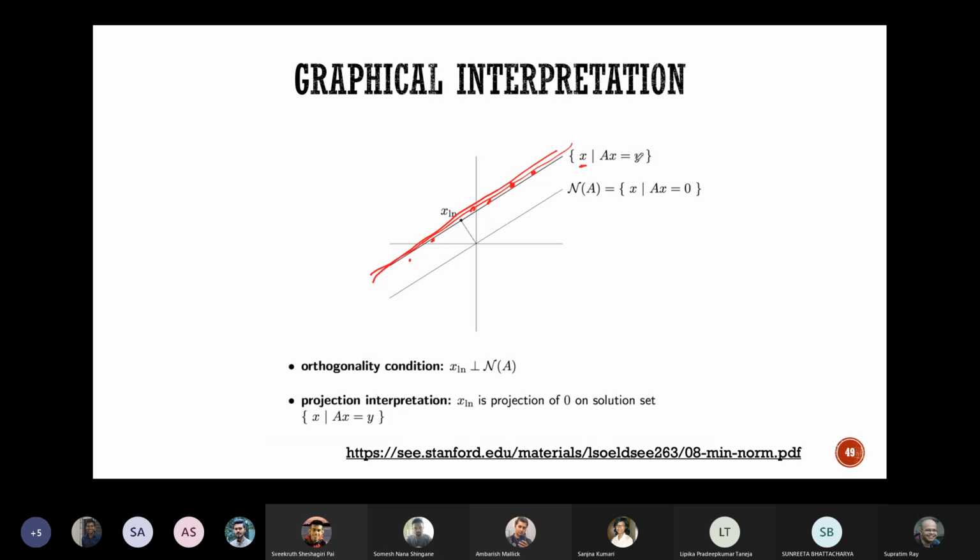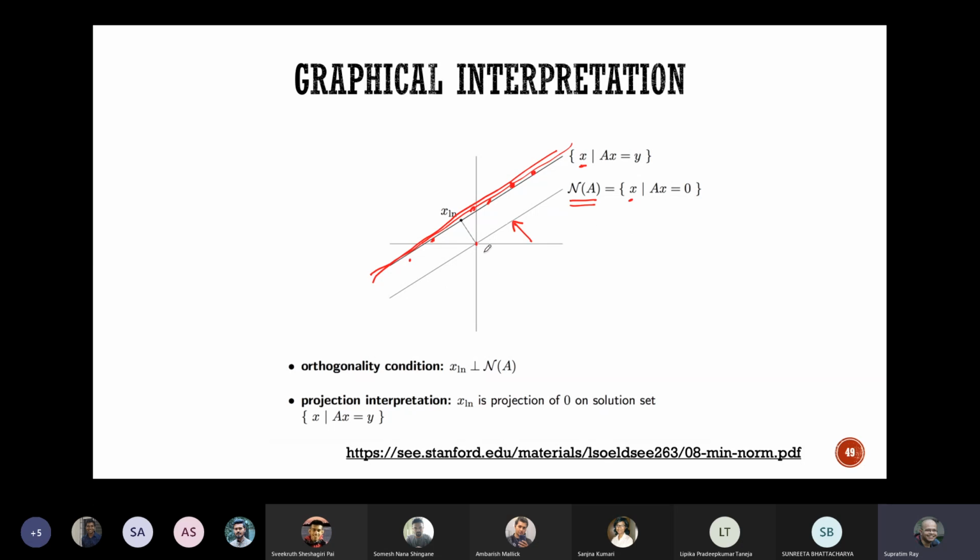Okay, and this is the null space of A, which is the set of all x's such that Ax is equal to 0. Notice that it passes through the origin, or 0 lies in this, because when x is equal to 0, then Ax is also 0.